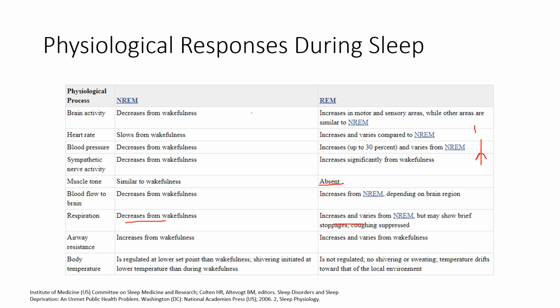We see reductions in activity of the intercostals, and the upper airways relax. This is why it's really important to not drink when you go to sleep, because alcohol relaxes your upper airways as well and can cause other issues, and can potentially lead to apnea or potentially aspiration.